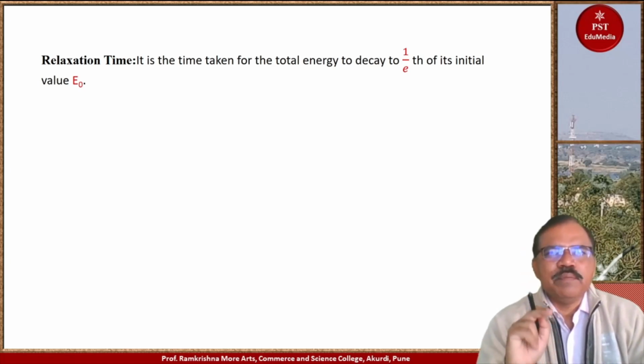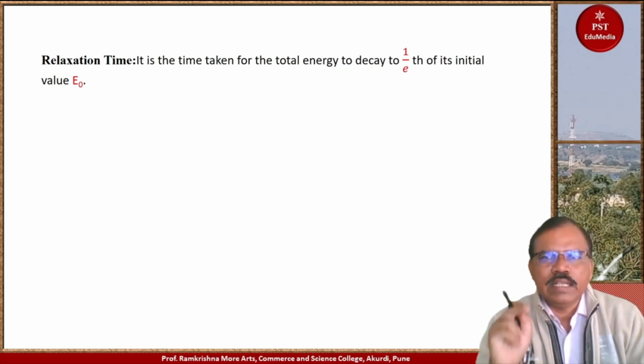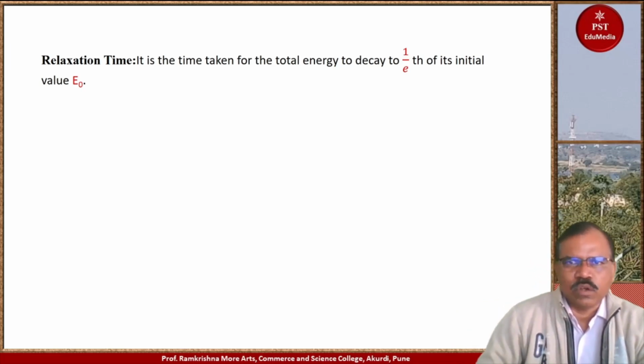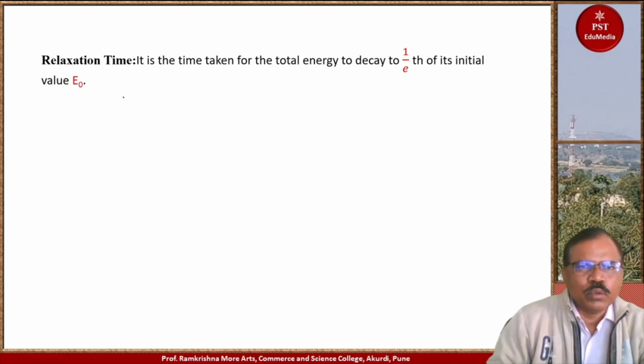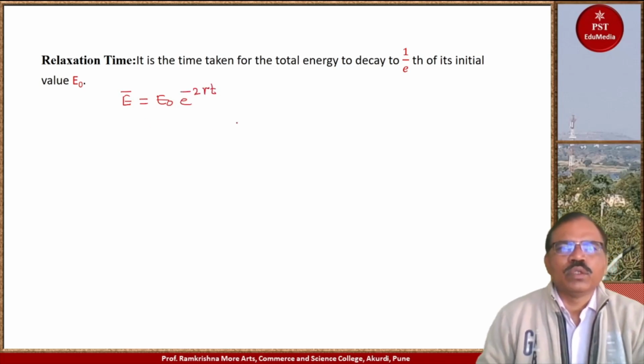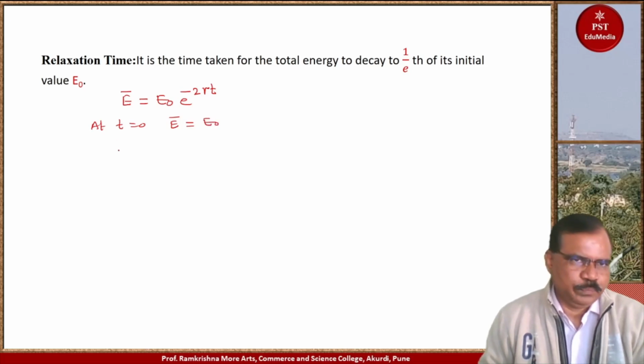Now it is the time taken for the total energy to decay to 1/8 of its initial energy E0. That is called relaxation time. So we know E bar is equal to E0 e raised to minus 2 gamma t. At t equal to 0, E bar will be equal to E0.